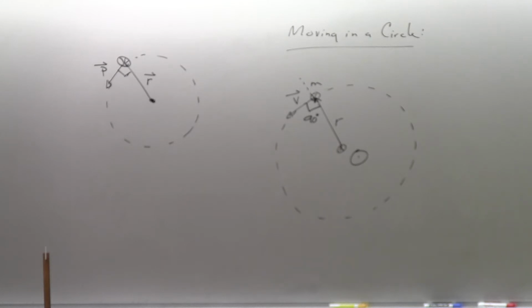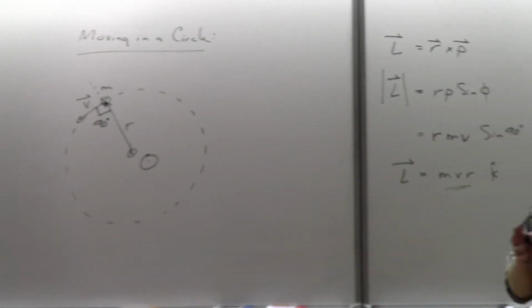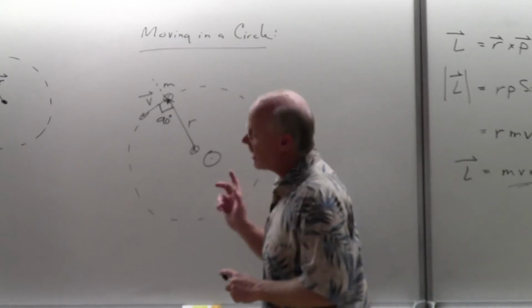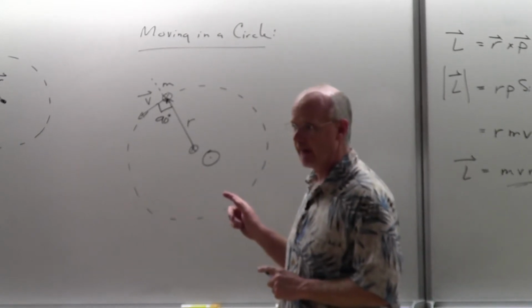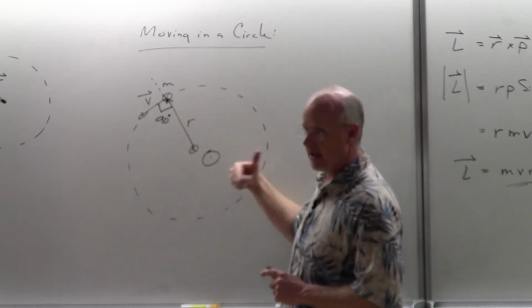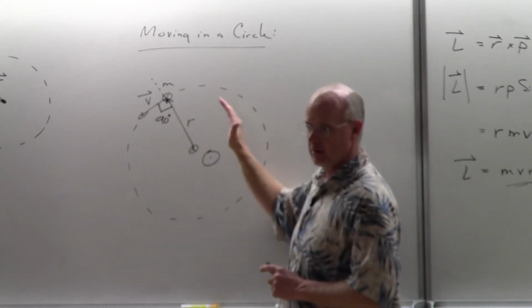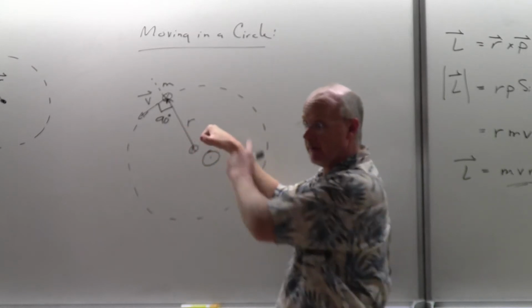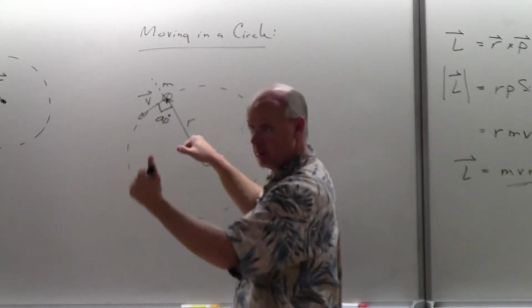Now, hopefully this agrees with the direction of its velocity. What did we do a couple days ago in chapter 10? How do you get the direction of its velocity vector? Didn't we curl our fingers in the direction that the mass is rotating? And isn't your thumb pointing out? Good. So the velocity vector is out.